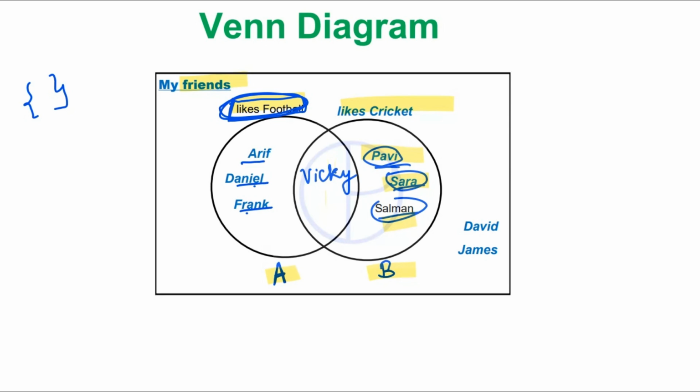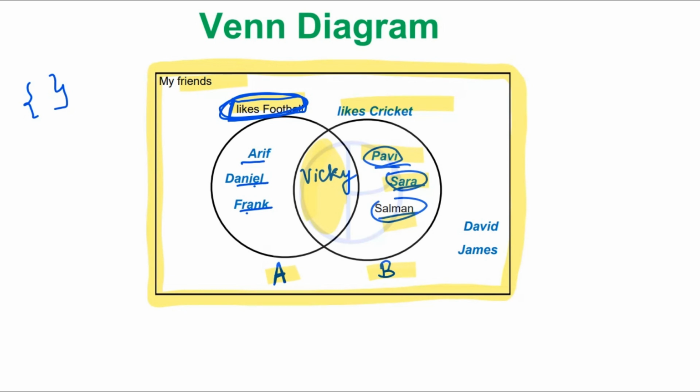Now, typically in a Venn diagram, we will have a big square around everything. So my entire friends includes all these people. I like football, cricket, and both football and cricket. These folks in the middle are called an intersection. These folks in the circles combined are called the union.